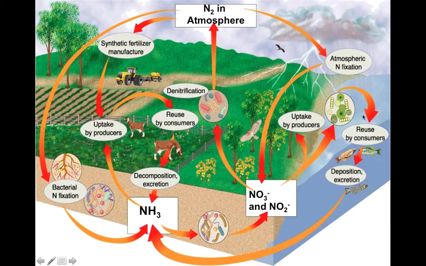One way it goes back into the air is these bacteria do what's called denitrification. But let's focus over here, where we have these molecules being taken in by the producers, like the algae and the plants, which then can grow from it. Then those plants and algae get eaten by the consumers, and when they decompose or poop or pee or whatever in the water, then it can go back into the cycle, and hopefully these nutrients will continue to cycle in healthy ways.